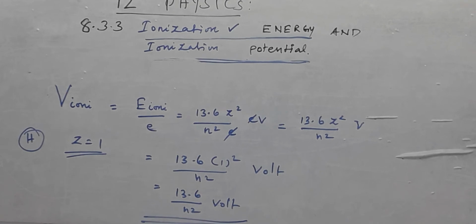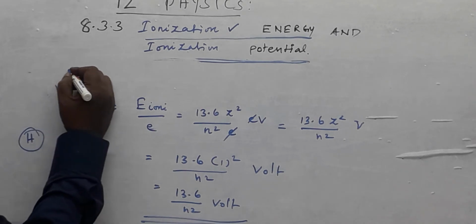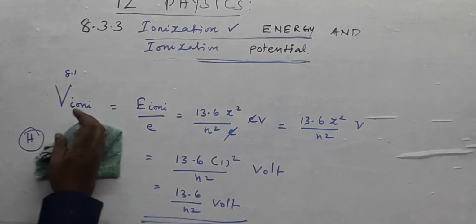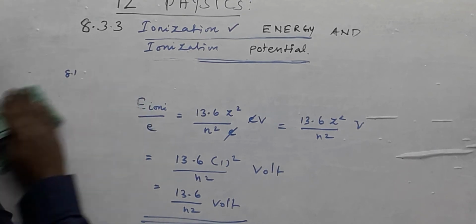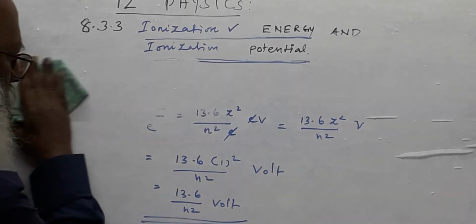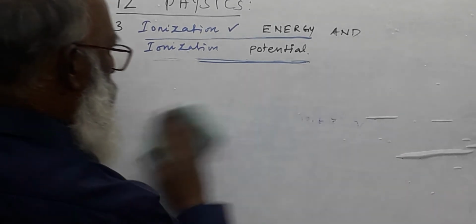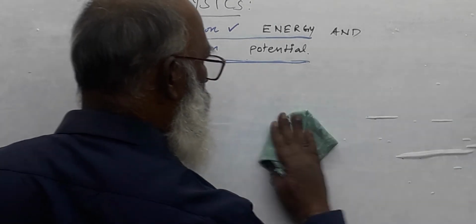Now, in your textbook, there is a fantastic table as shown in the figure on page number 156, table number 8.1. From this table, you can calculate. You must know the value of each and everything denoted in table 8.1.